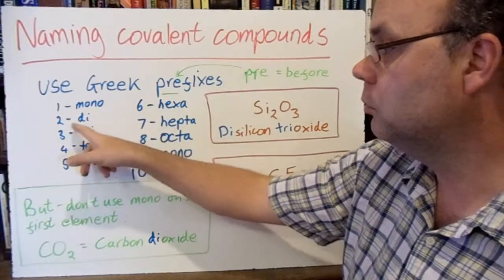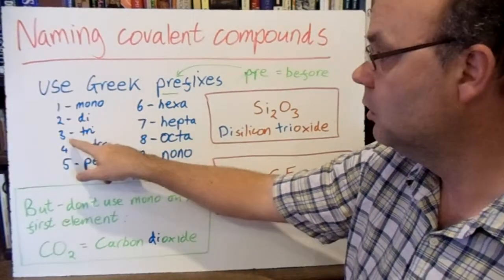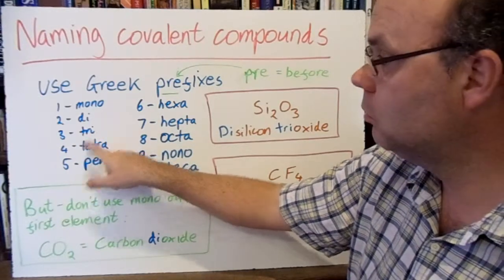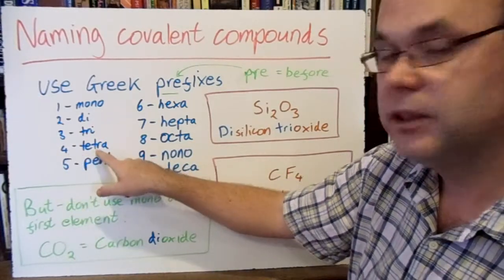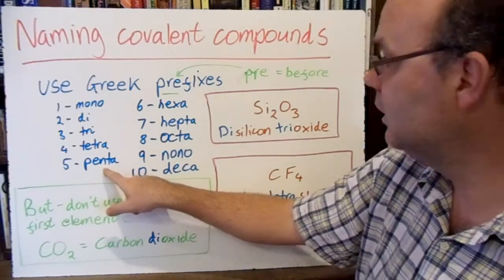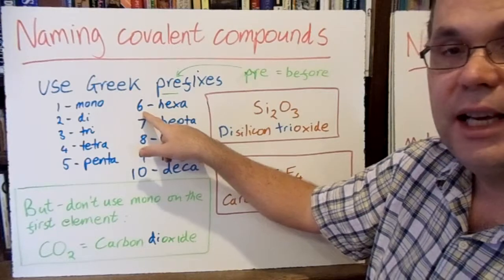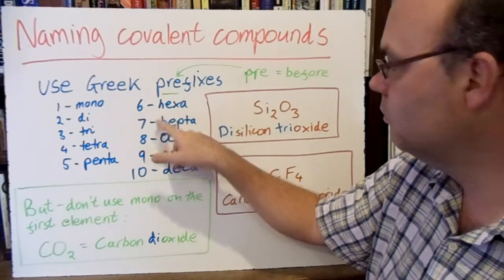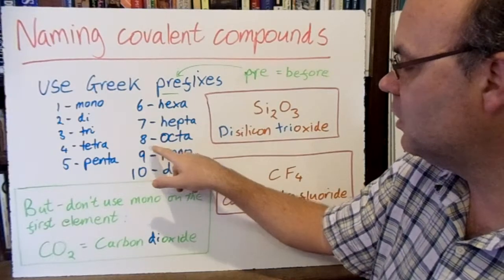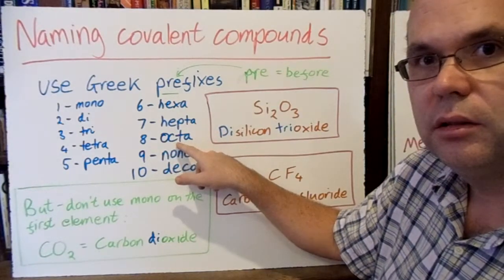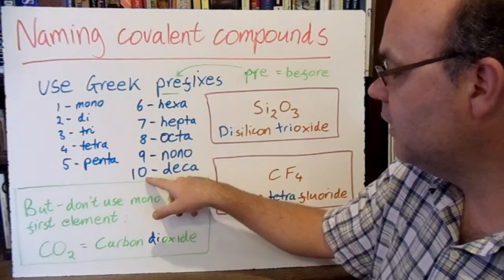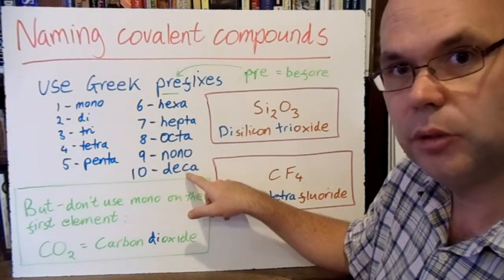1, mono. 2, di. 3, tri, like triangle. 4, tetra. 5, penta. 6, hexa, like hexagon. 7, hepta. 8, octa. 9, nona. 10, deca, like decimal.